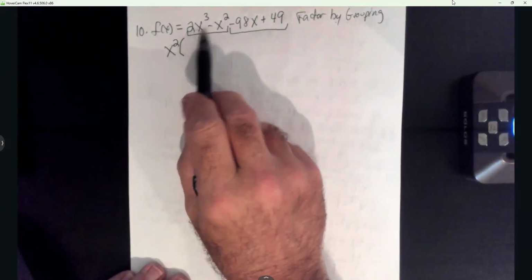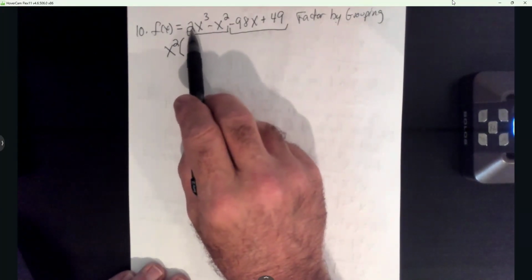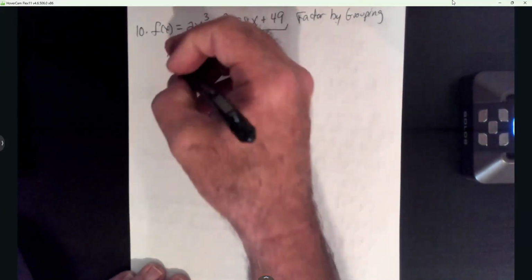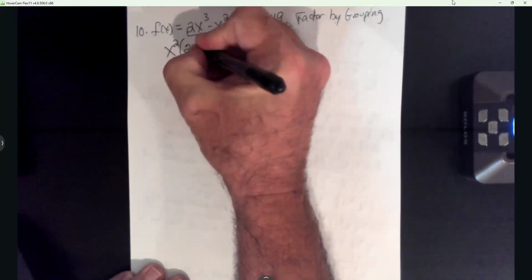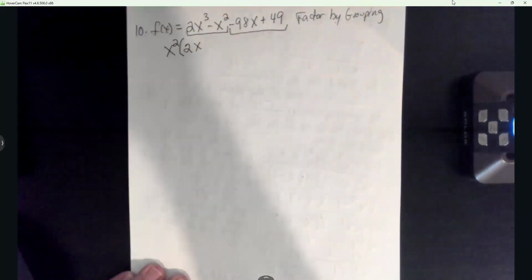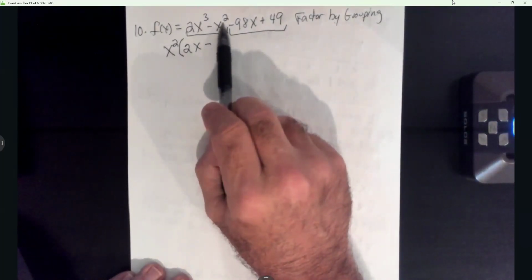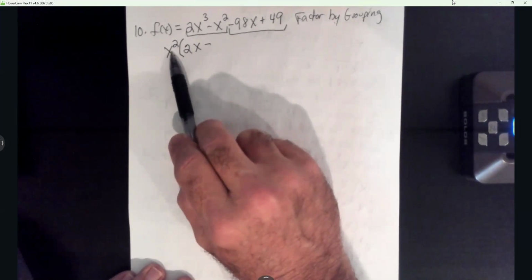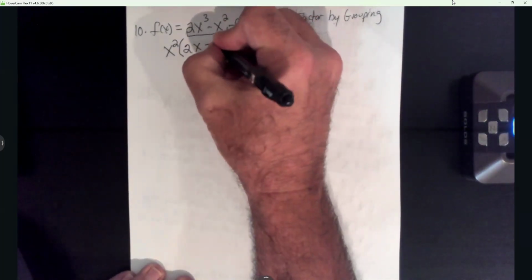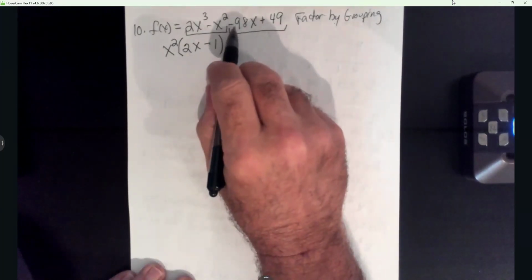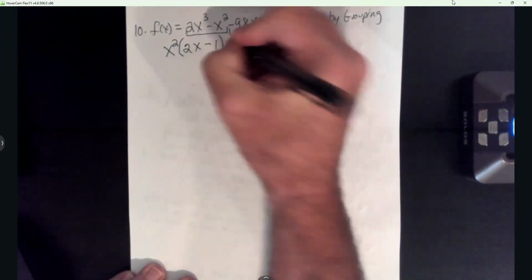If I factor out an x squared from both of these, 2x cubed divided by that x squared is going to leave me a 2x. And then that's minus. And y'all look at that. X squared divided by the x squared leaves me a 1 there. All right, then we're going to bring down that minus.